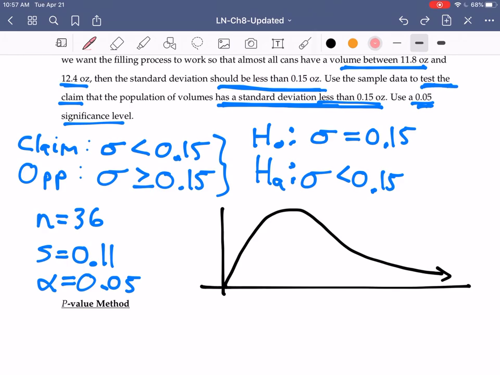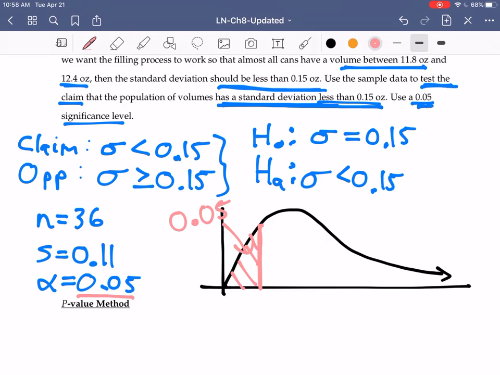Specifically, it's going to be a left-tailed test. And that area of 0.05 is going to be all in this left tail. So if we're in that left tail, we want to reject the null hypothesis. If we're not in that left tail, we will fail to reject the null hypothesis.